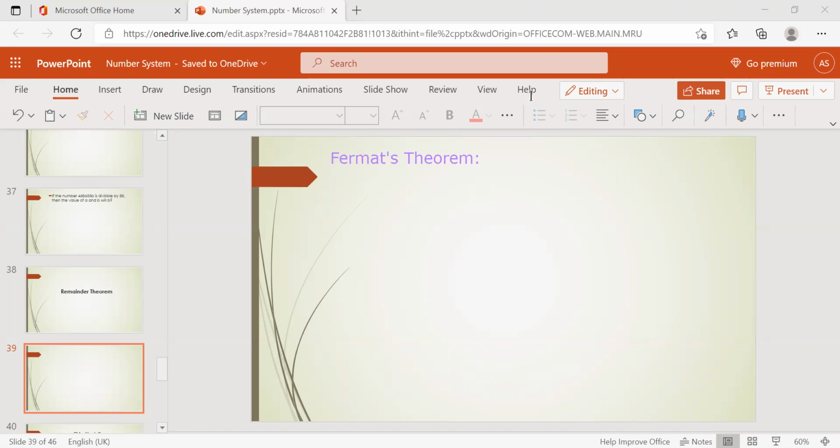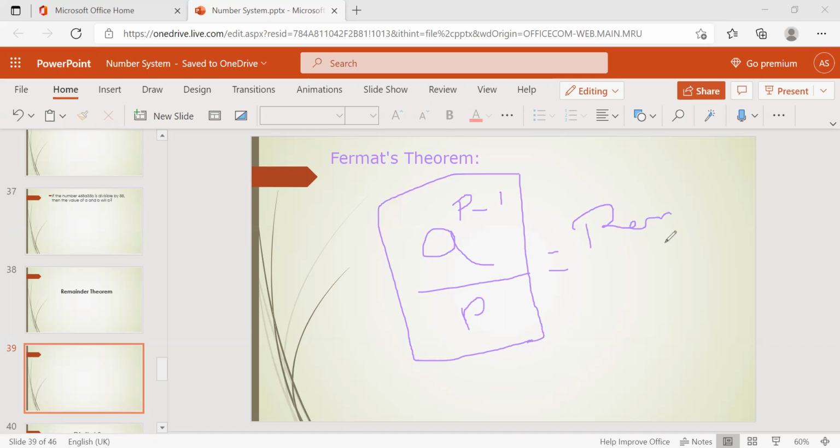Now, what is Fermat's theorem? It's nothing but a power p minus 1 by p. If you get this type of number, the remainder will always be 1.